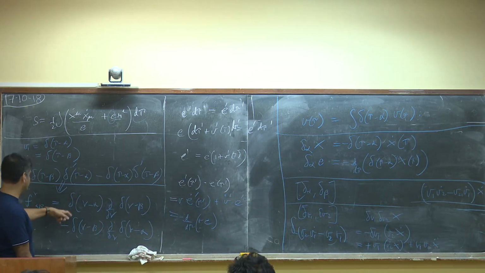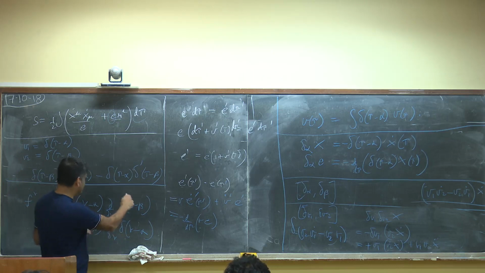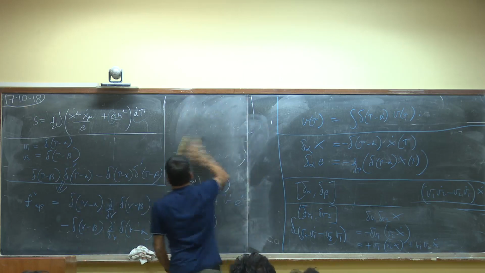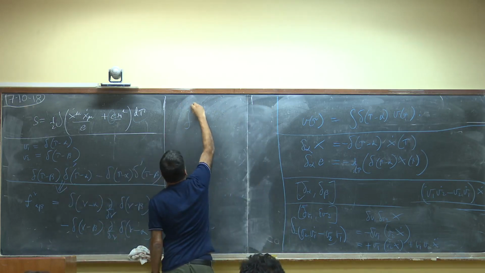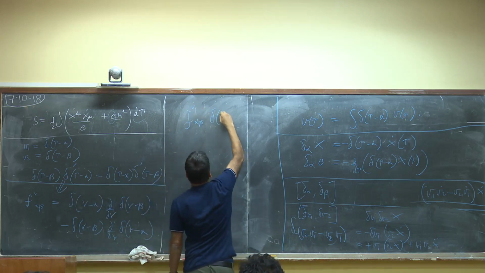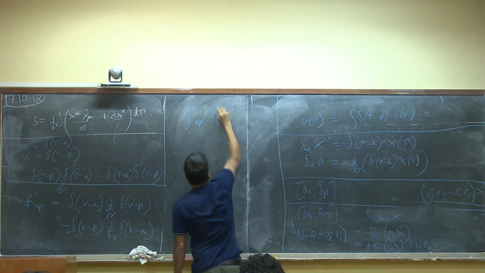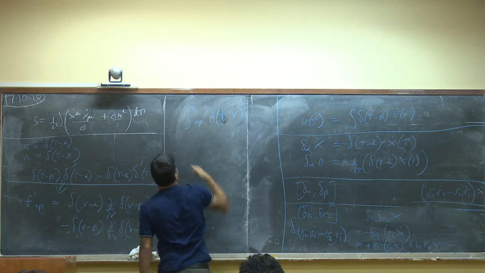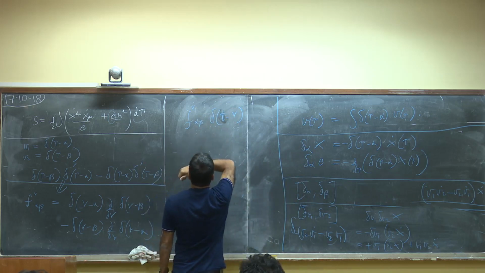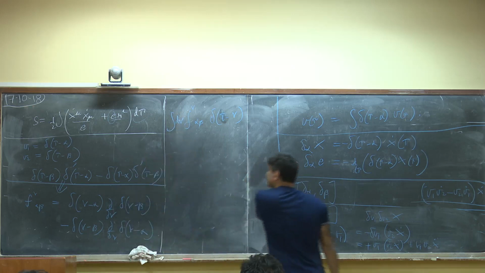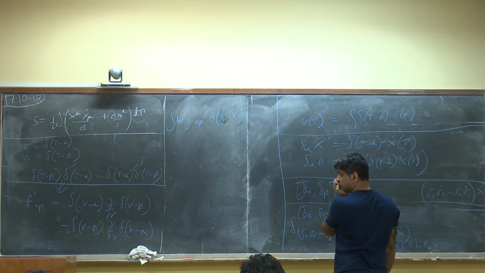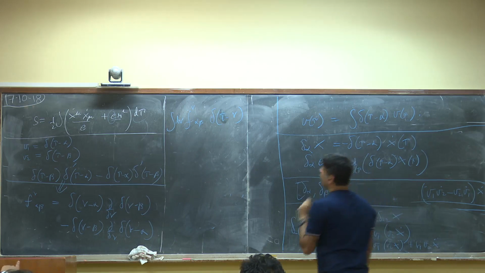Now, what does it mean to show that this is the case? What it means to show is that this thing times delta of gamma minus tau, integrated over gamma, is equal to this quantity: delta of tau minus beta delta prime of tau minus alpha minus delta of tau minus alpha delta prime of tau minus beta.